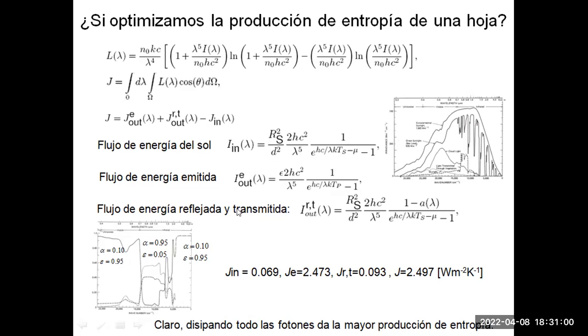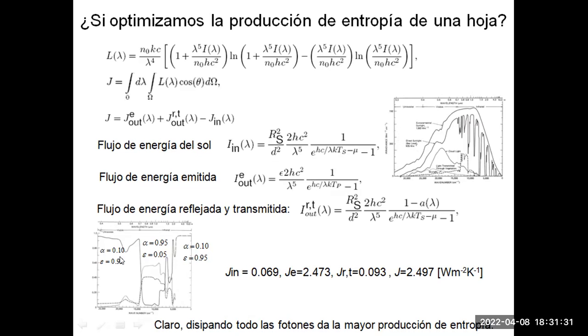Actually, for the Earth, we don't have any transmitted part. For a leaf, we do, but not for the Earth. And so we can also calculate this reflected and transmitted spectrum. It's again given by the temperature of the sun, but with a factor which is 1 minus A, where A is the absorption, the albedo. So that's how much is reflected.